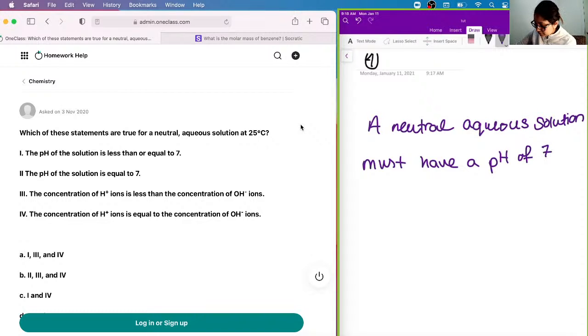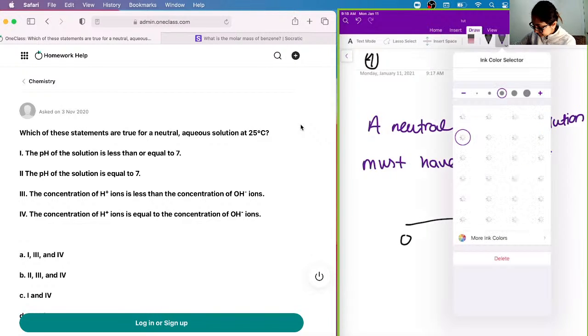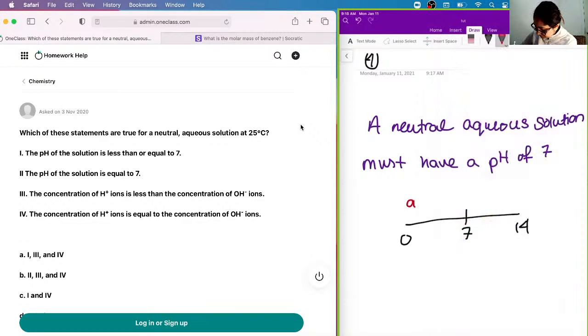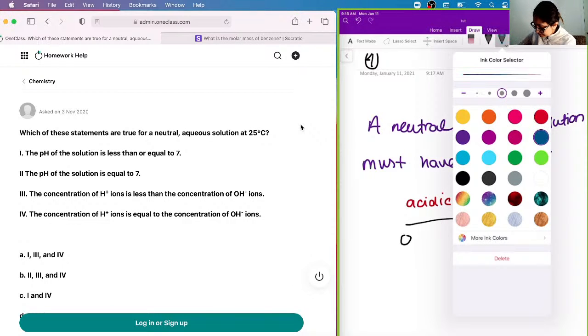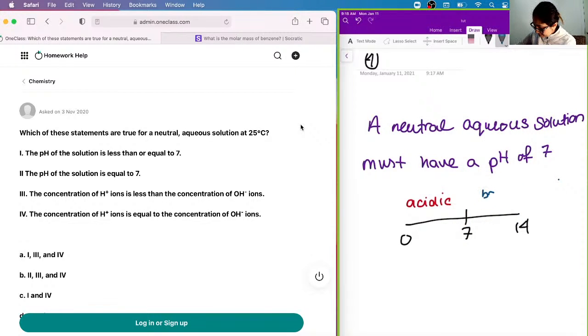Right, if you guys recall our pH scale, so this is our acidic part, and this is our basic. So you can see, on the left-hand side, that your acidic ranges from anywhere from 0 to, let's say, 6.5, and basic is anything beyond 7. And 7 is your neutral.